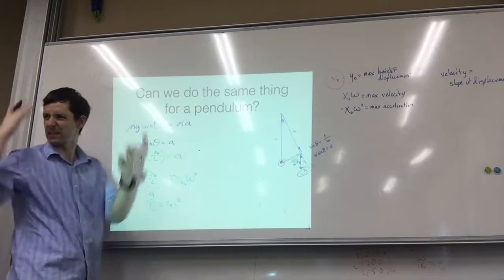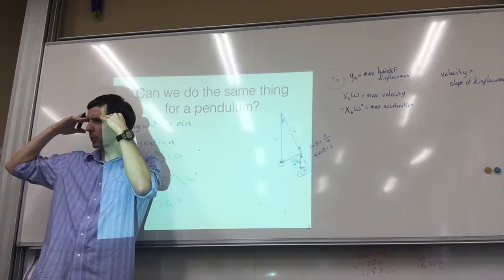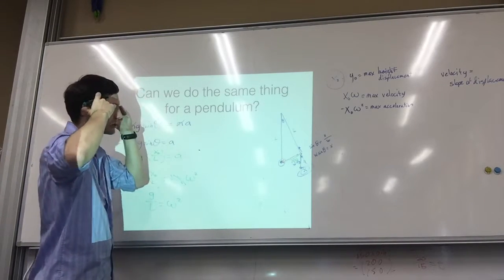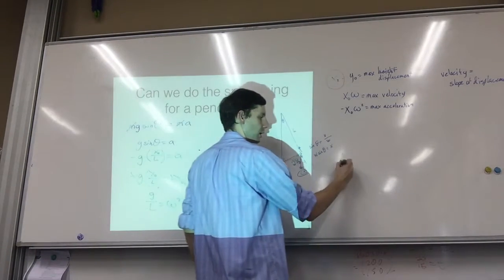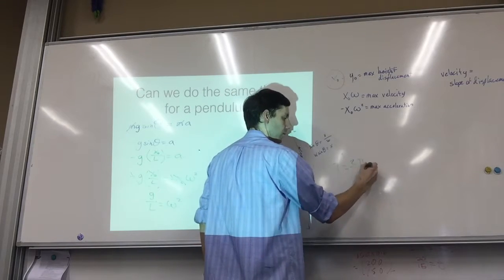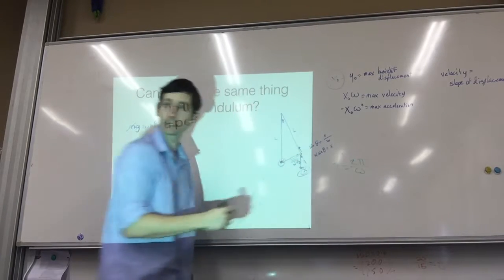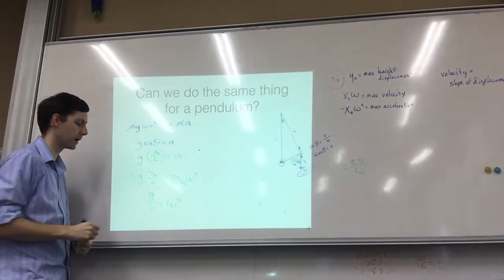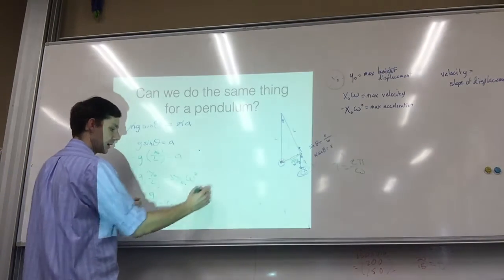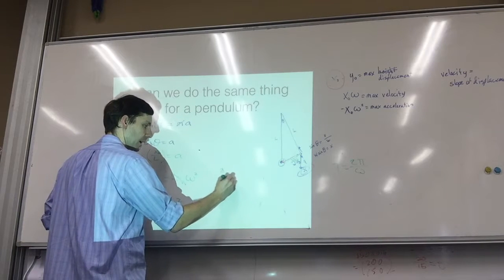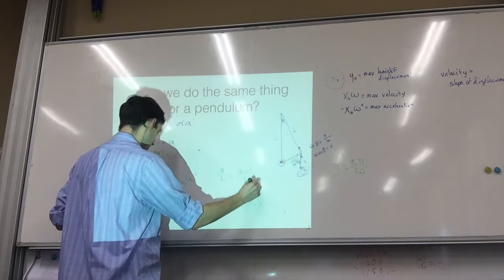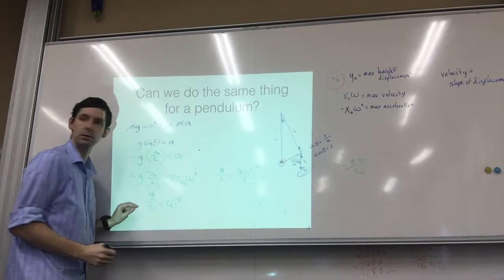But again, omega is kind of fuzzy in my brain, so what do I want to change it to? Period. Remember, omega was 2 pi over T, so T is 2 pi over omega. And so again, we'll go g over L equals 2 pi over T squared. Solve for the period.